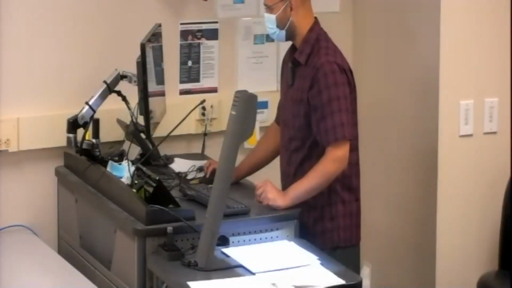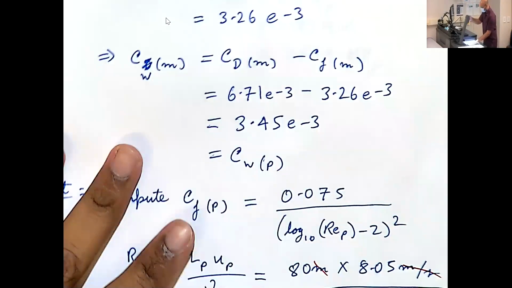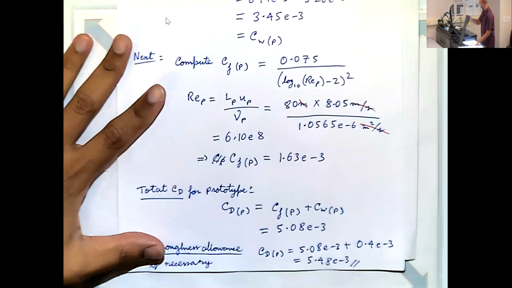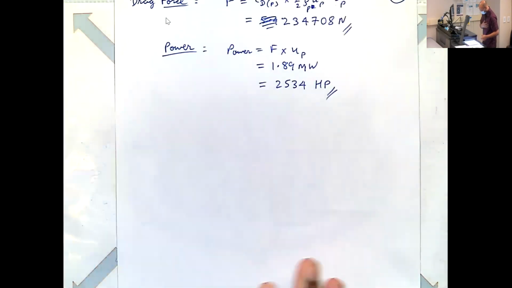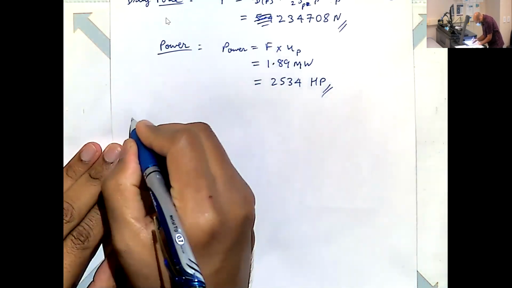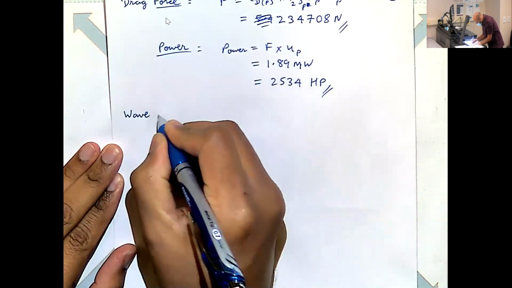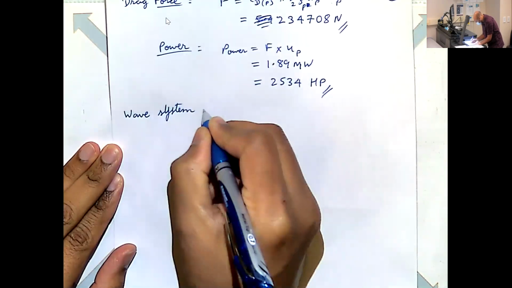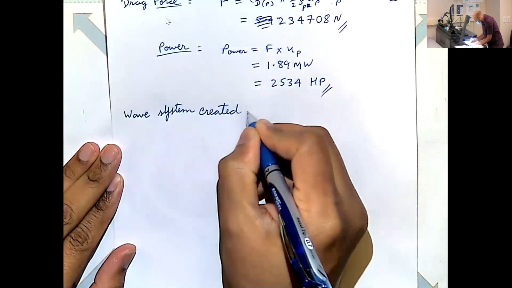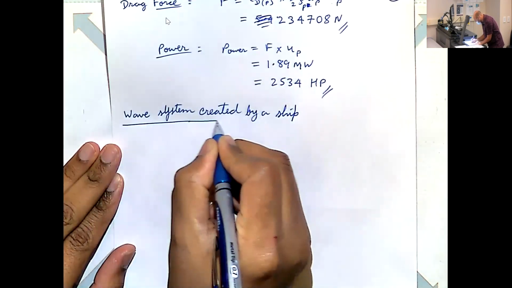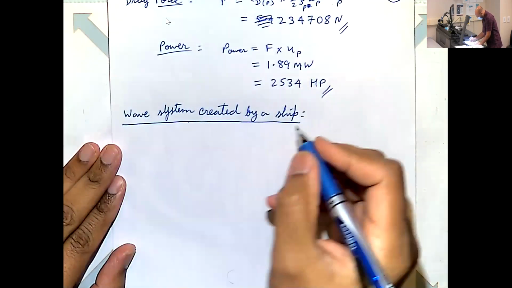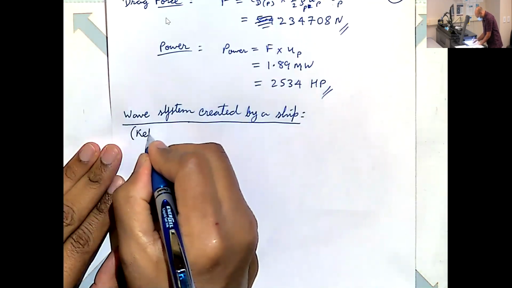Okay, so when we talk about the wave system created by a ship, this wave system is called Kelvin wake.